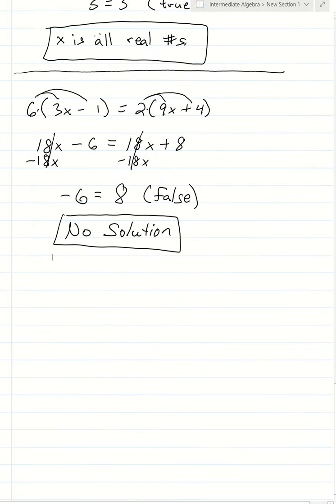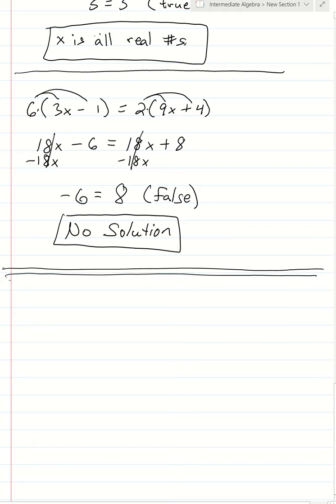Now, before we go, I do want to address how to solve equations that involve everybody's favorite fractions. Okay? For example, let's say we have 2/9 x minus 1/2 equals 1/18 x plus 2/3.